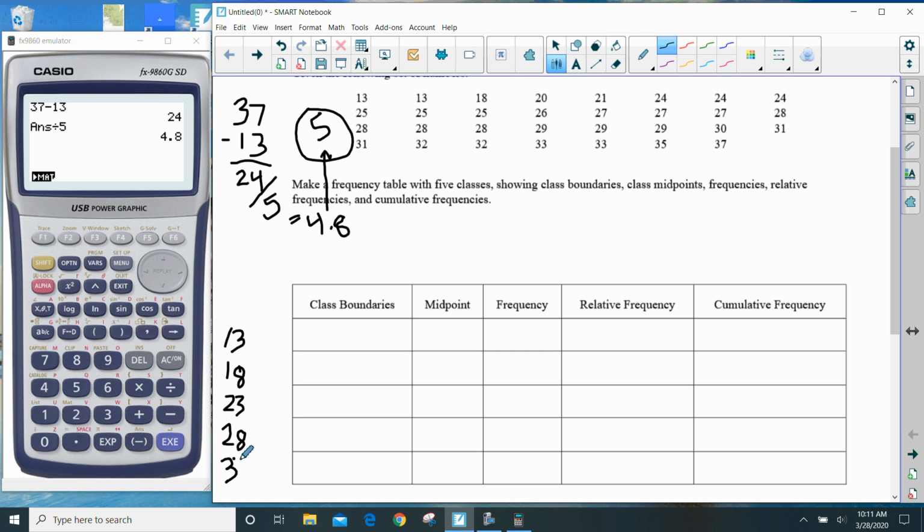Where these boundaries end is one less than where the next begins. So if this next one begins at 18, this is going to have to end at 17. Next one, 23, and thus this would end at 22, etc.